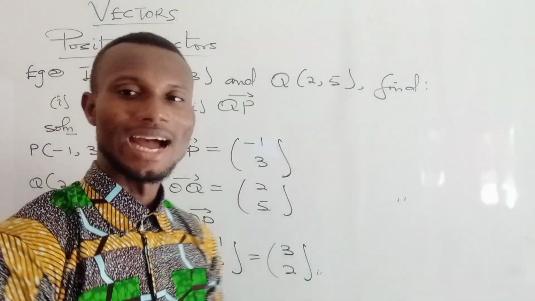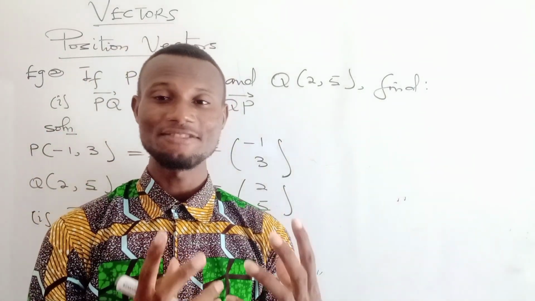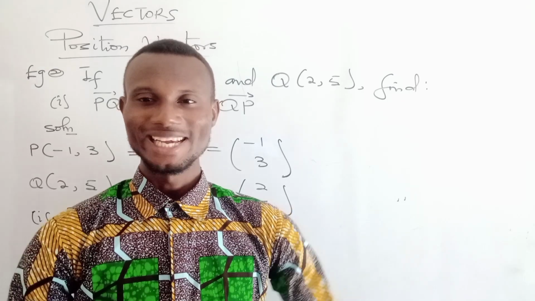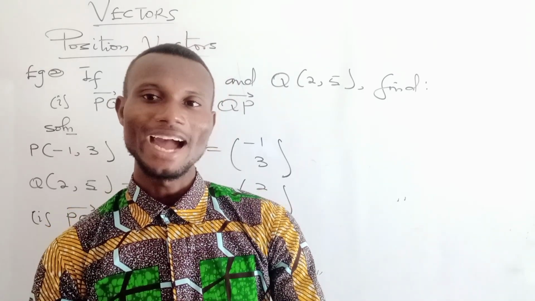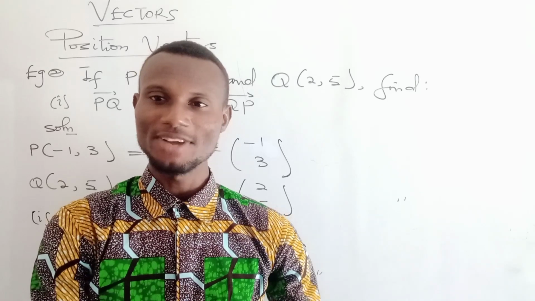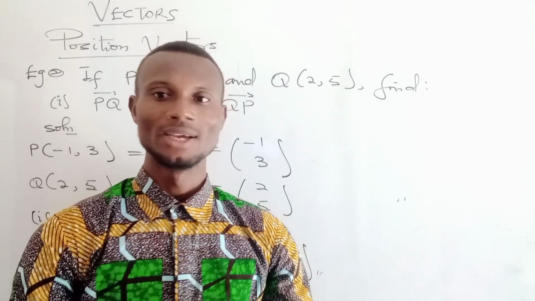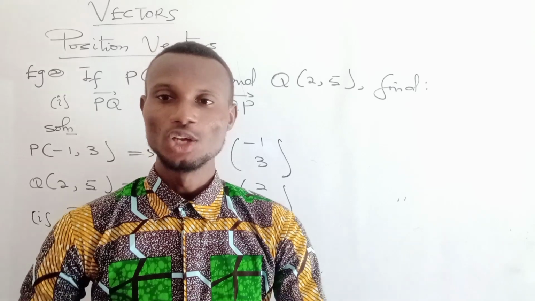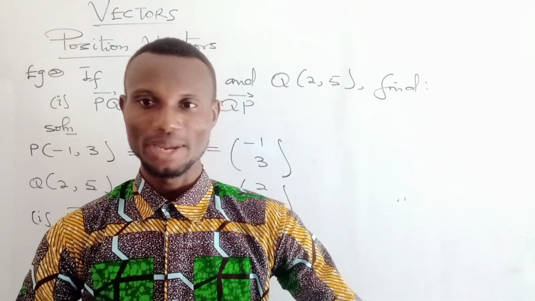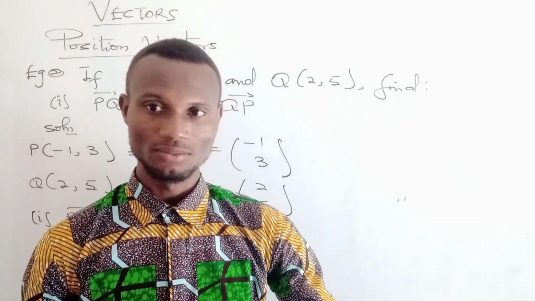How do we do this? I explained that the inverse of any vector is simply the opposite of that vector. So if I have AB, the inverse of AB is going to be BA. And to get BA, you just need to negate AB.